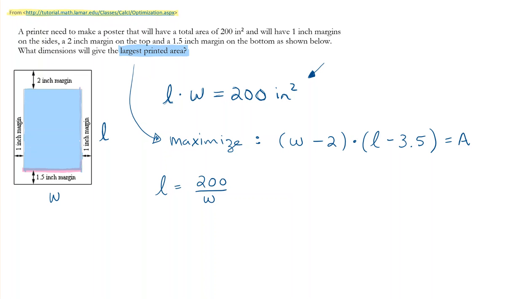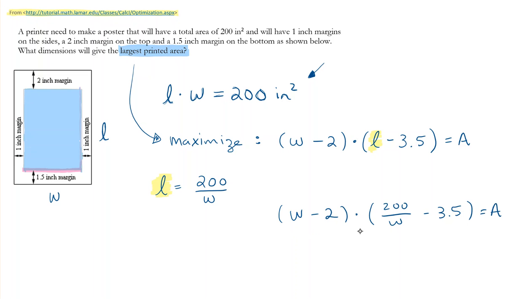Now we're going to substitute this expression for length, 200 divided by w, into our area equation. This gives us the benefit that we now have an expression in a single variable: width minus 2 times 200 divided by w minus 3.5, and that's our area expression.